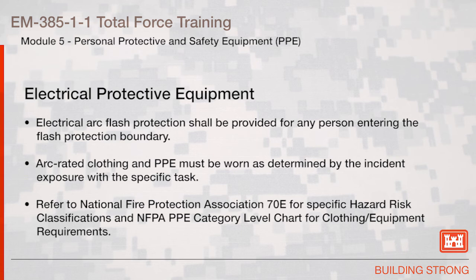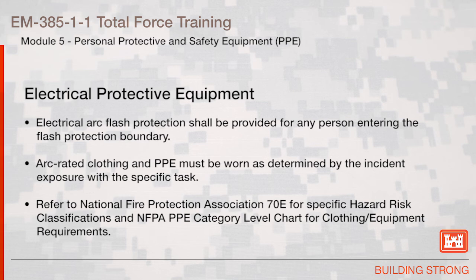Arc-rated clothing and PPE must be worn as determined by the incident exposure with the specific task. Refer to National Fire Protection Association 70E for specific hazard risk classifications and NFPA PPE category level chart for clothing and equipment requirements.